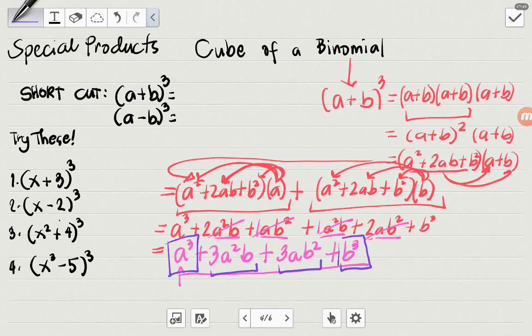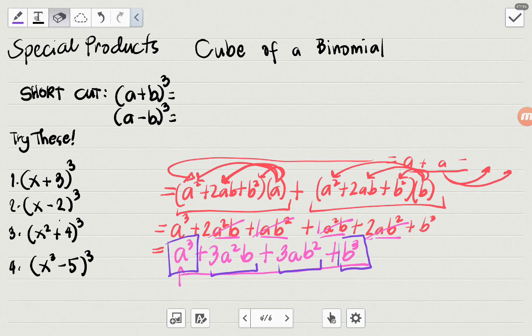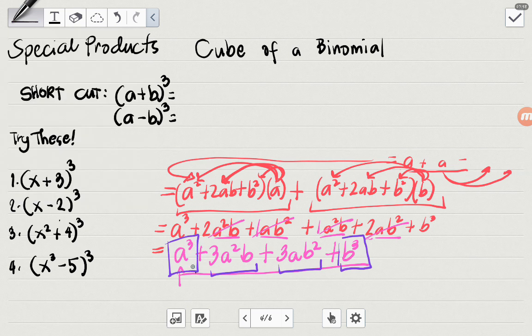So, ang first term natin, para makuha si first term, i-cube lang natin si a.